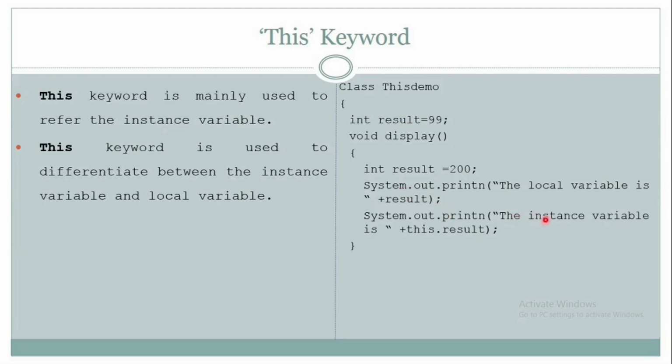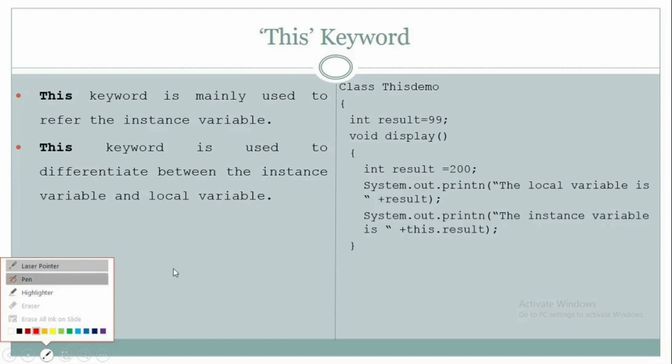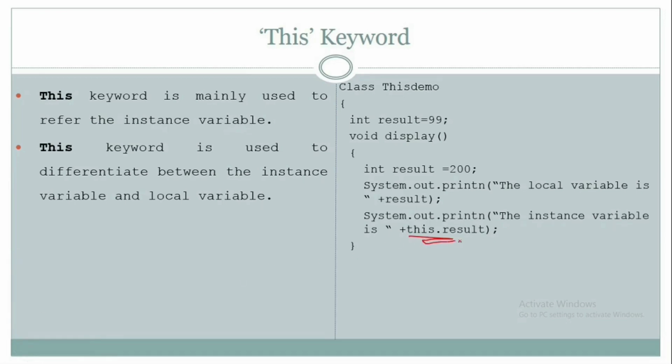To access the instance variable inside a method, you need to make use of the this keyword. To access a local variable you can directly access it, but if you want to access the instance variable, you need to use this dot result, which means it will access the instance variable.